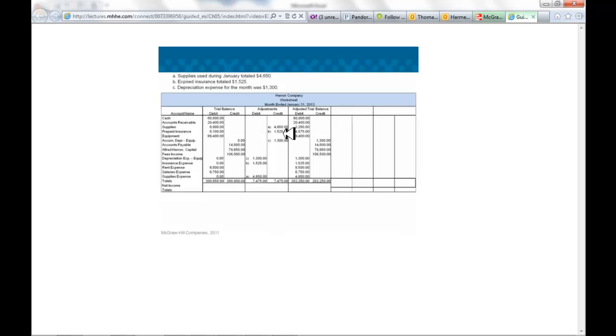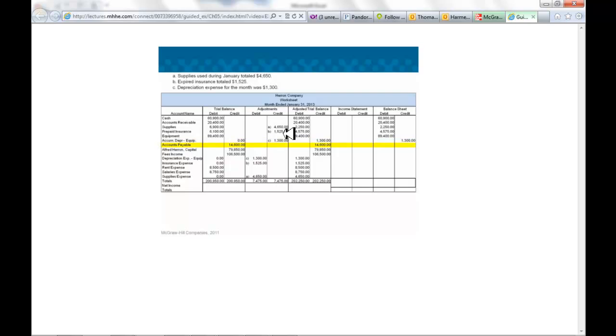The final step is to extend the adjusted balances to the income statement and balance sheet columns. Every account is only used once. Cash, accounts receivable, supplies, prepaid insurance, and equipment are all assets. Assets belong in the balance sheet. Accumulated depreciation is a contra asset. It too belongs on the balance sheet.